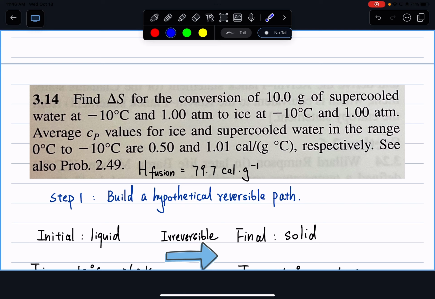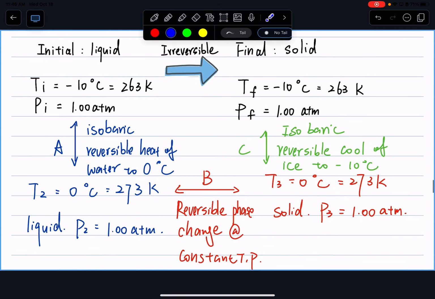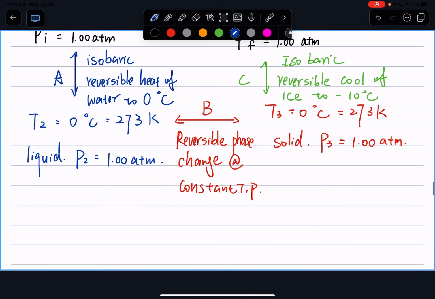Now I'm going to quickly go over how to set up the calculation for this problem. You can try it yourself and compare your answer, either with the textbook or with the annotated notes. Now, for our process A, again, we have the isobaric reversible heating of water. So my delta S1 equals the integral from 1 to 2 of dq_rev over T. And in this case, what is our q_rev?